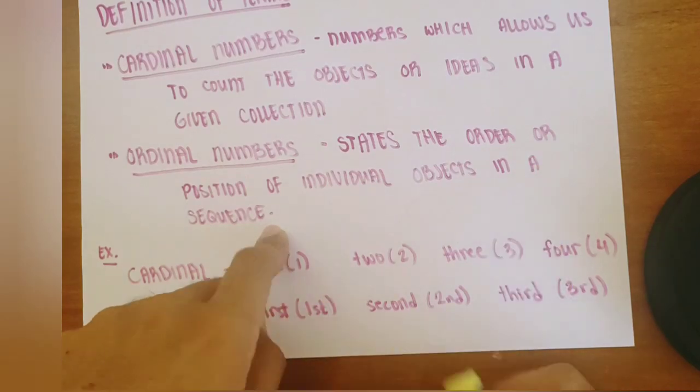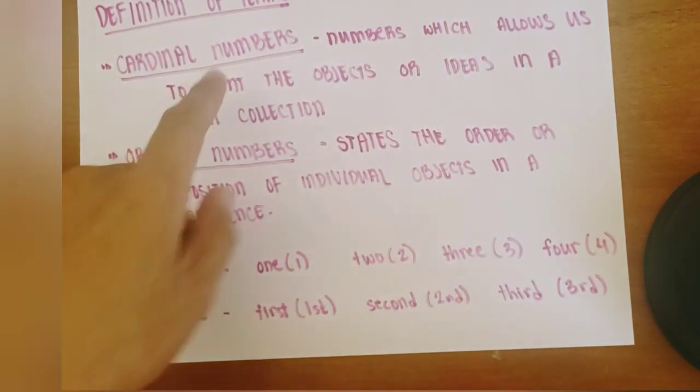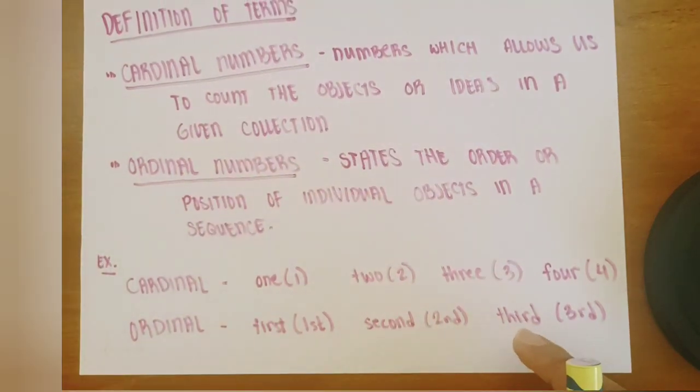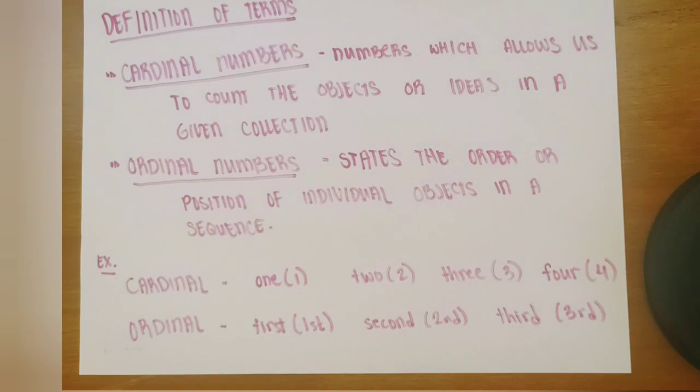So, first, ikaw si first place, si second place, si third place. Cardinal naman, kung paano mo bibilangin. So, sinasabi natin, how many fruits did you order in the grocery? Parang ganun. I ordered 3 fruits. Mga ganun lang. Ayun lang naman ang ibig sabihin ng cardinal and ordinal number.